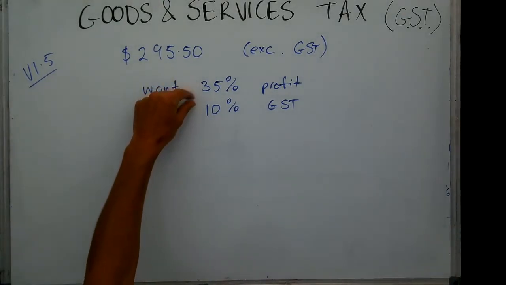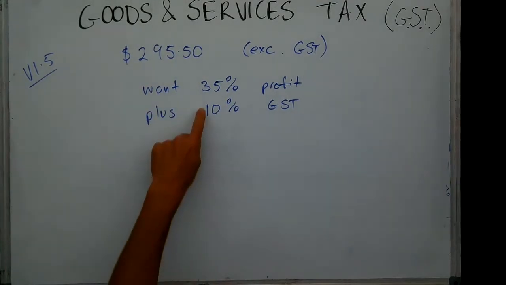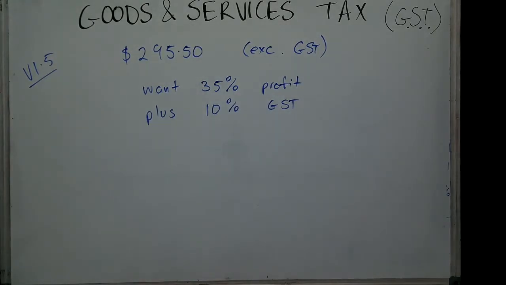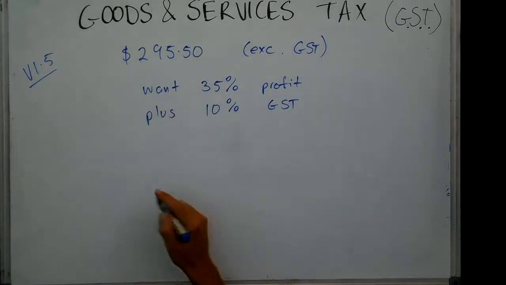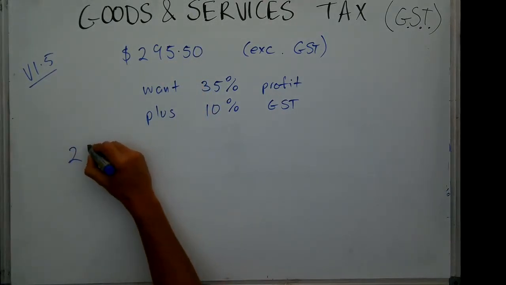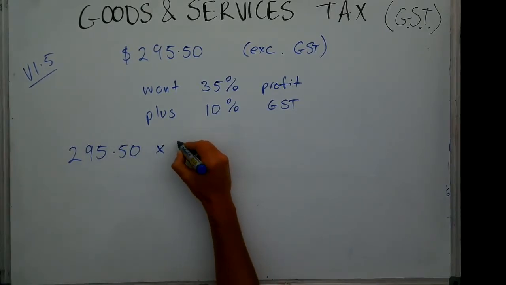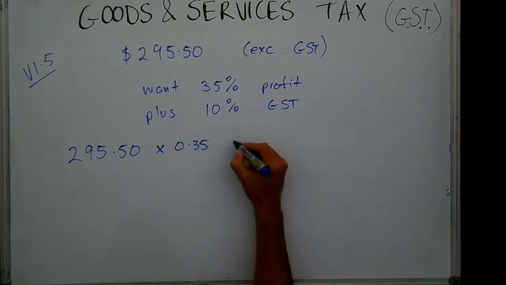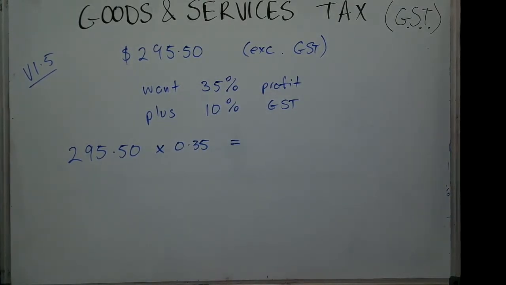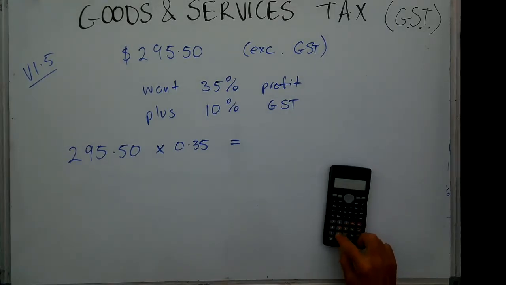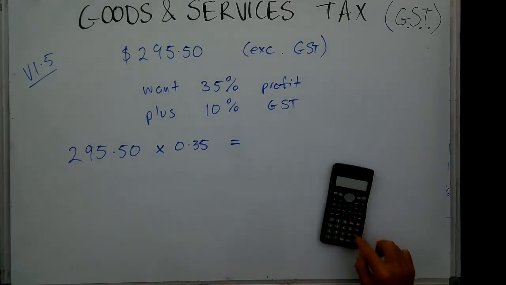If we add these together, we're not getting the GST on this extra profit bit. So we've got to do it in two steps. So we want 35% of $295.50, multiplied by 0.35. That equals... I missed a number.